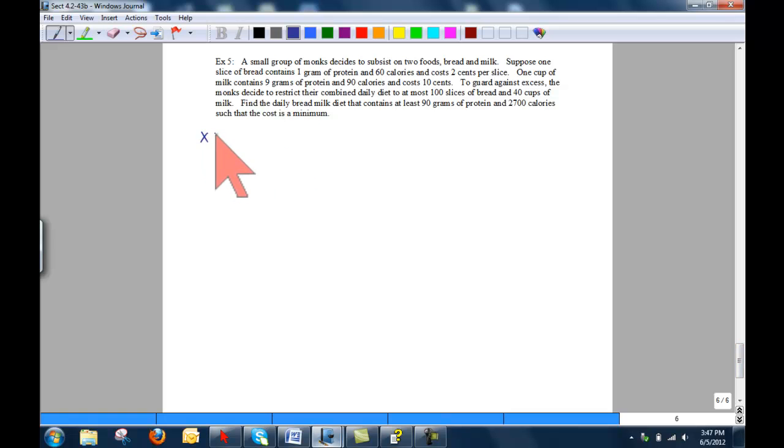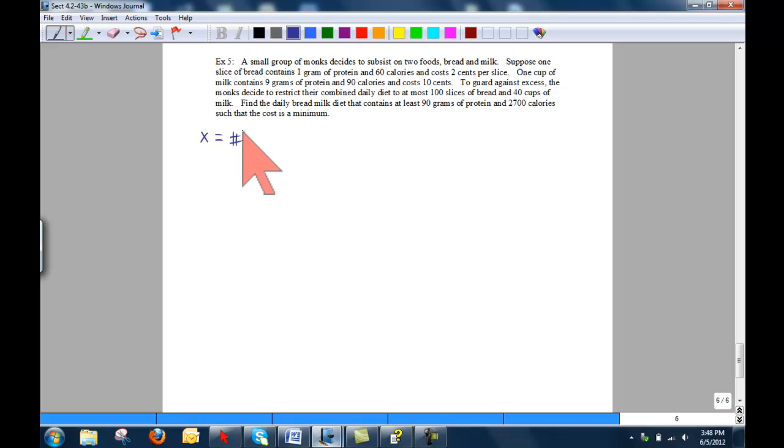All right, let's list some things. I want to find the bread milk diet that contains a certain amount of protein and calories while minimizing cost. What do we have to decide here? The monks only have two foods, bread and milk, and so all we have to do is decide how much of each of those foods they should be eating.